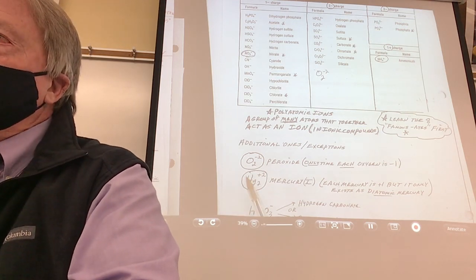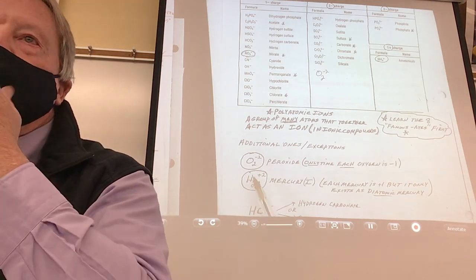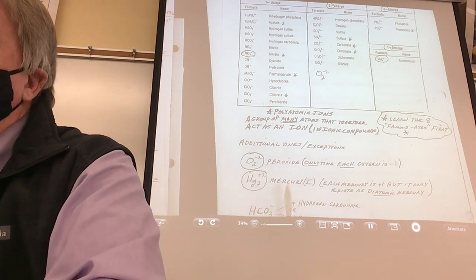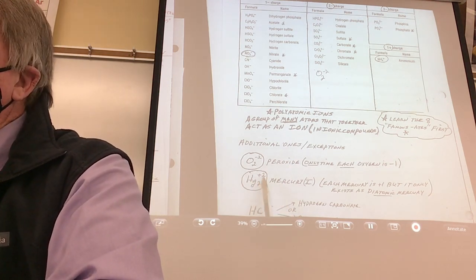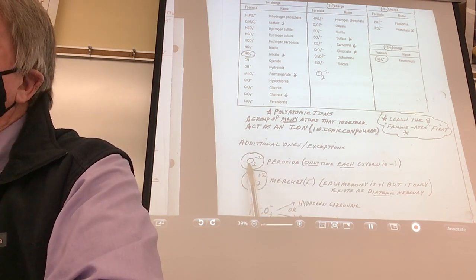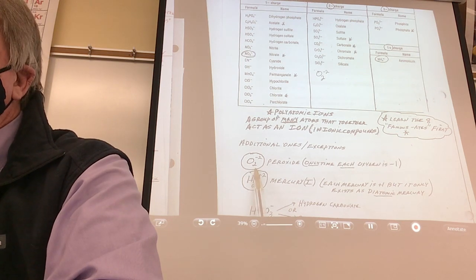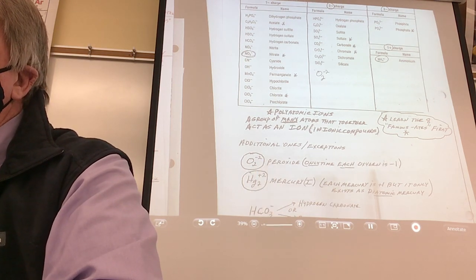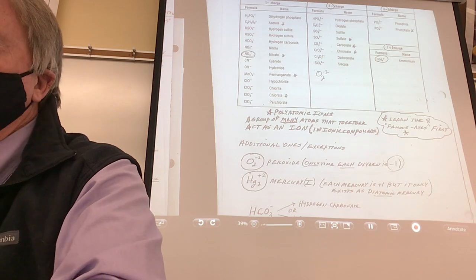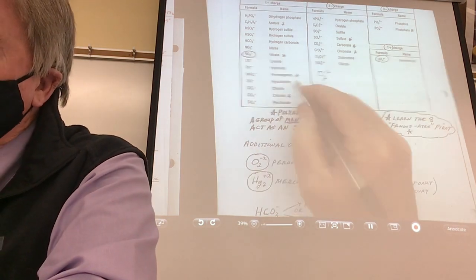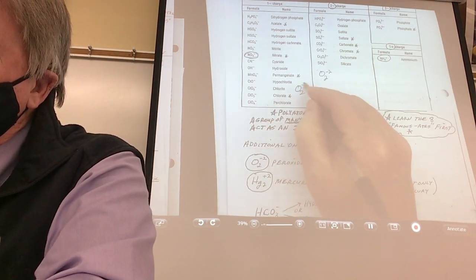This is the only time that oxygen is not minus 2. Now, what are you talking about? That says minus 2. No, 2 oxygens together are minus 2. So what is each oxygen? Oh, I put this in the wrong place. Sorry.